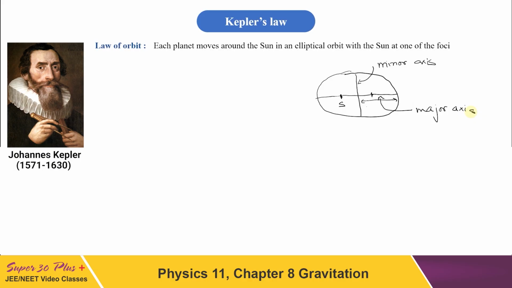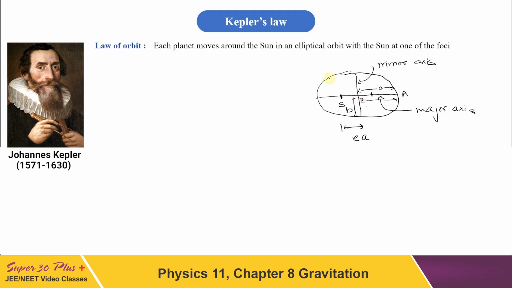Now if the major axis is written as A and the minor axis as B, then the distance of the focus from the center can be written as e times A, where e is called the eccentricity of the ellipse. Eccentricity is the ratio of the distance SO to AO.